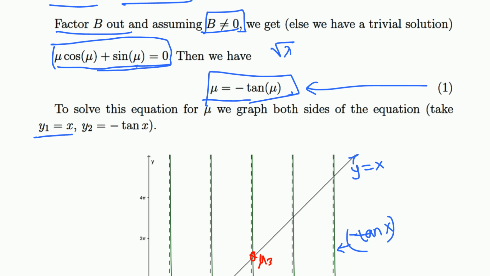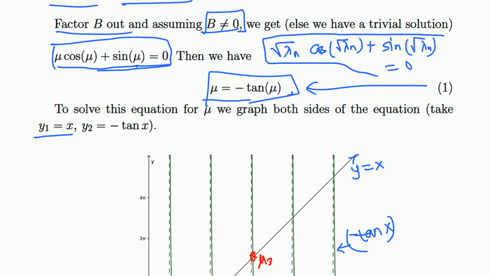So we can write it in this way: root lambda n cosine root lambda n plus sine root lambda n equals 0. So this equation is called the determinantal equation, because from this we were able to determine the eigenvalues.